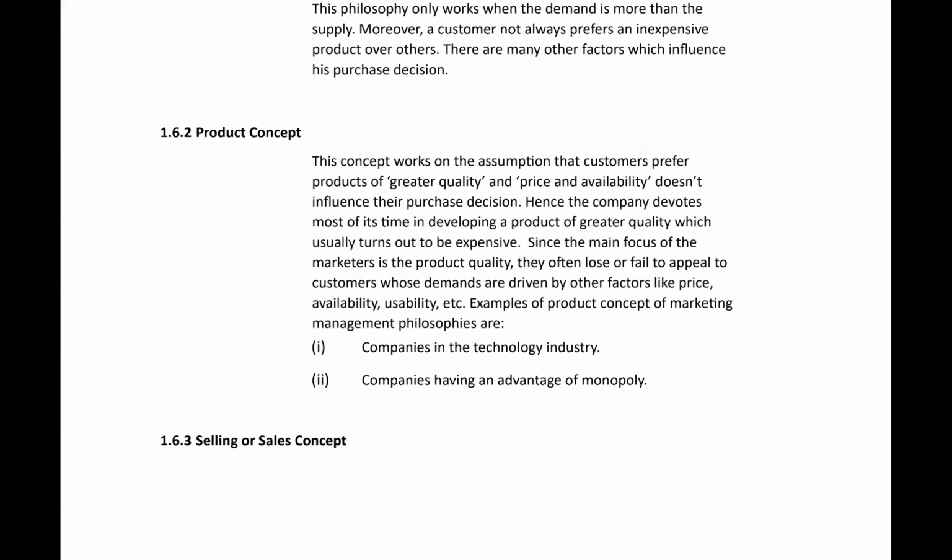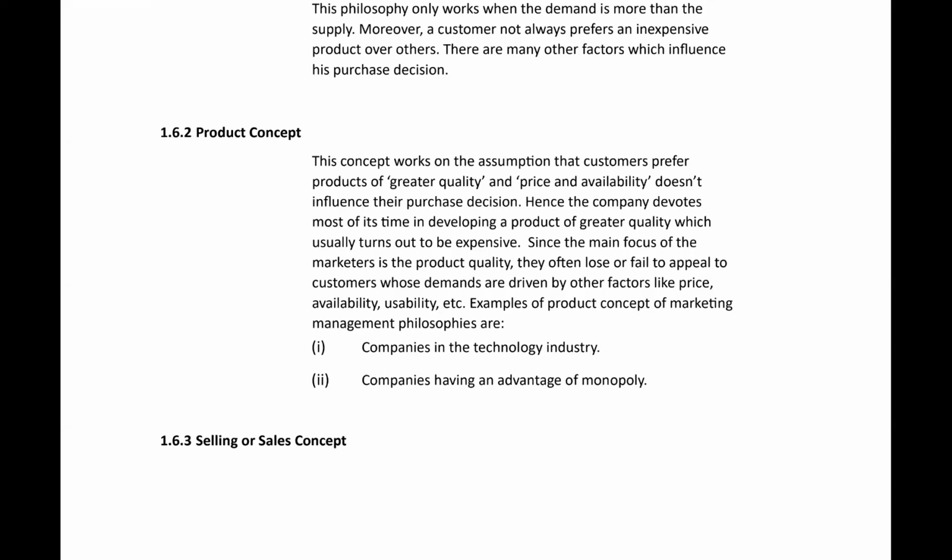The product concept assumes that consumers prefer products of greater quality, and price and availability don't influence their purchase decision. So in short, people just focus on the quality. This is what this concept is all about.